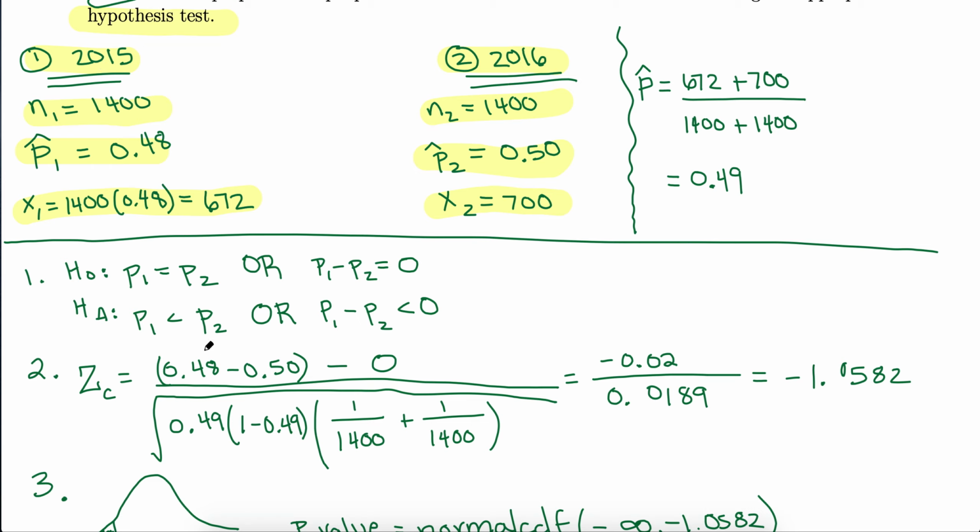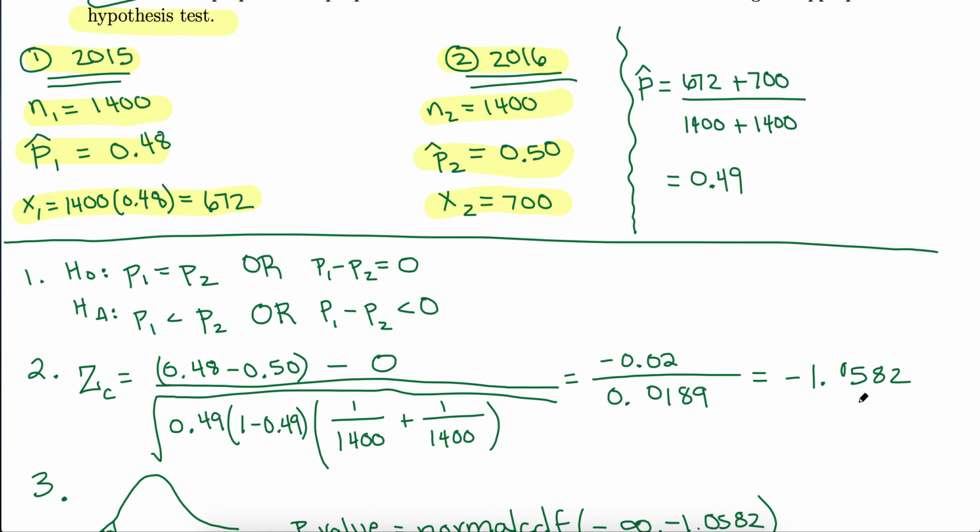For the test statistic, make sure you put 2015 numbers before 2016 numbers. Keep the order consistent: the difference in the two groups based on the data, minus the initial assumption of no difference. For our standard error, we need this common pooled proportion, successes in both groups over sample size, so we get an average there in the middle. With 1 over the sample sizes, we get a test statistic of about -1.